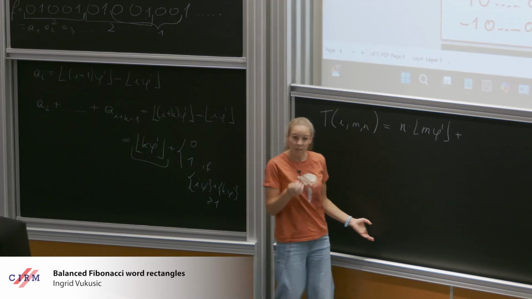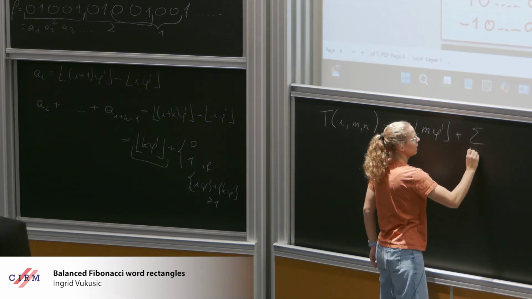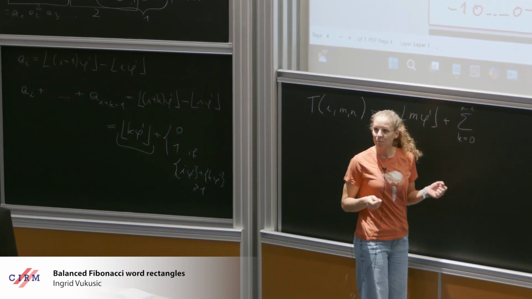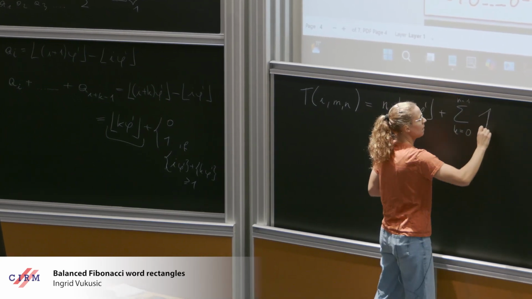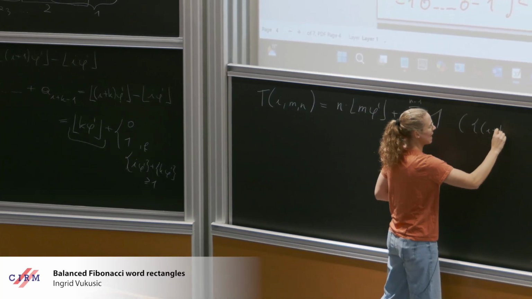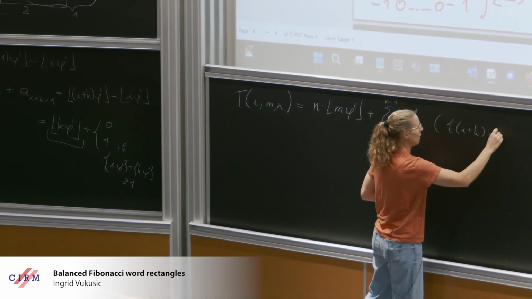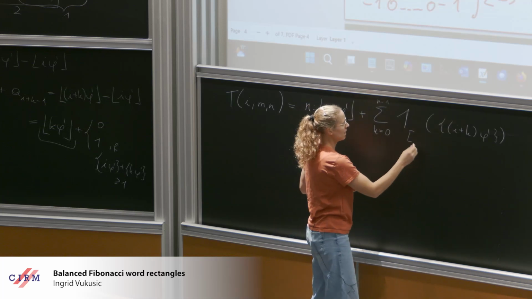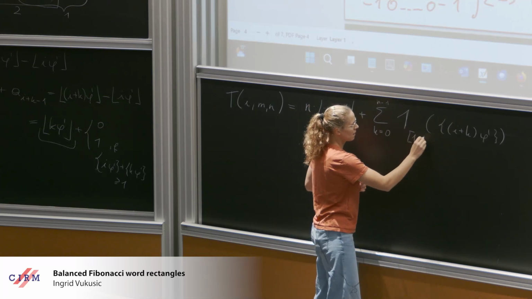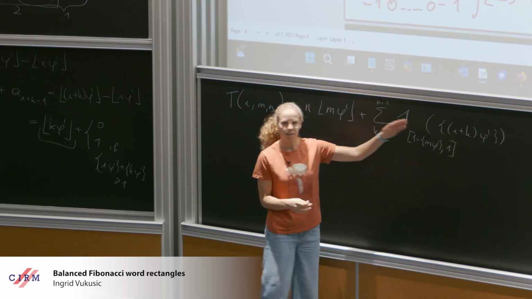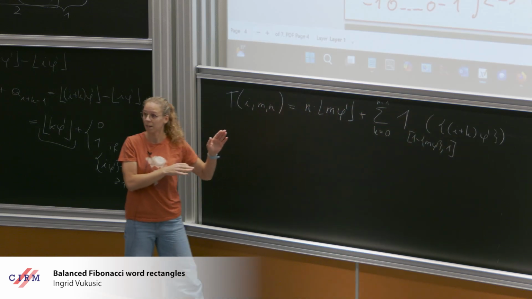And if you deal with them, you get the sum over k from 0 to n minus 1, and then every time you need to check whether the fractional part of i plus k phi prime is large, namely whether it's in the interval 1 minus the fractional part of m phi prime, 1. And if it's in there, you count it. And this is the exact formula.